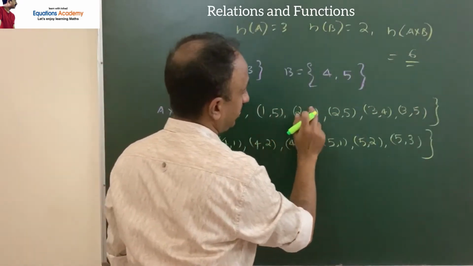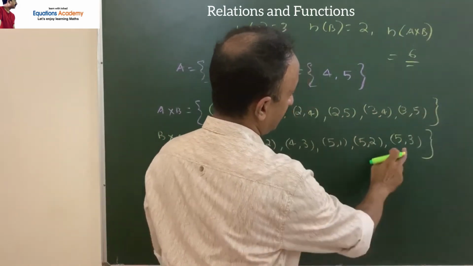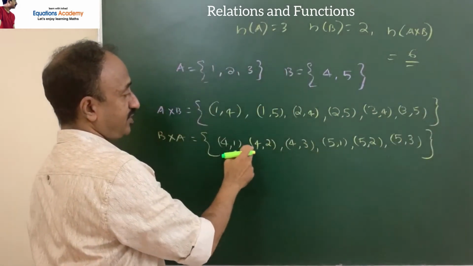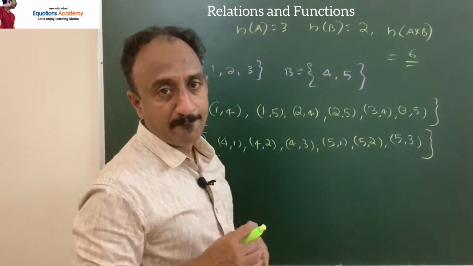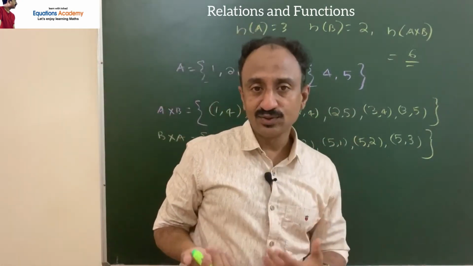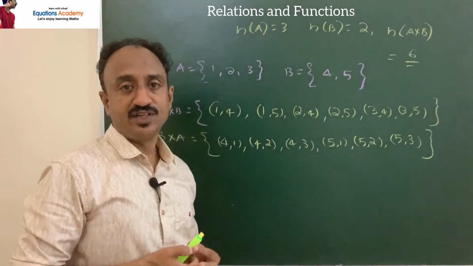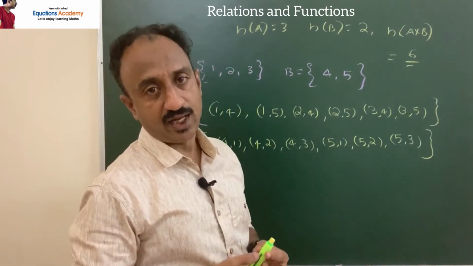If n(A) equal to m and n(B) equal to n, then n(A cross B) equal to m into n, mn.